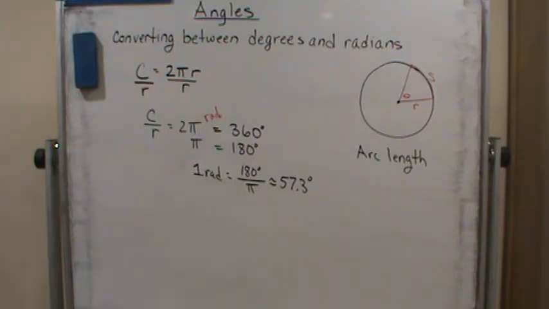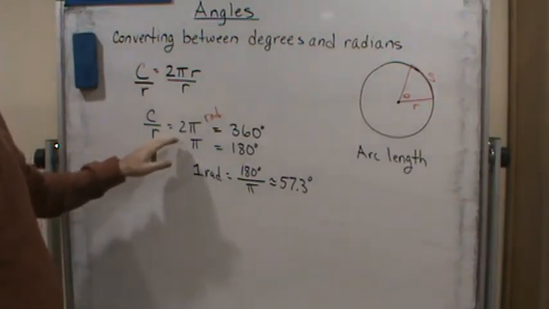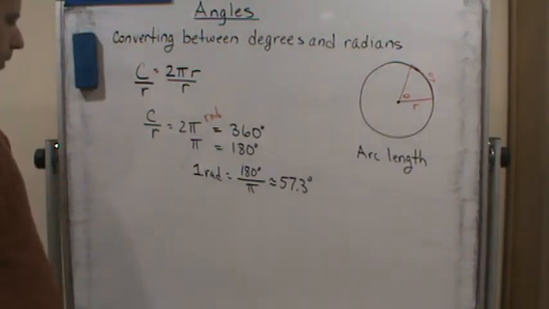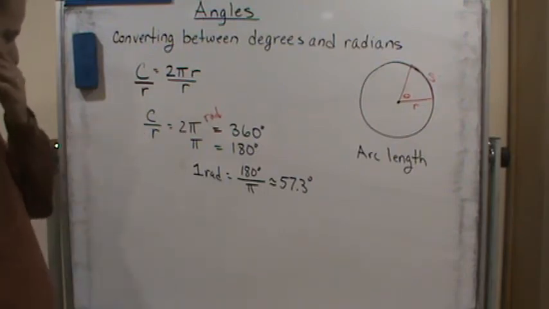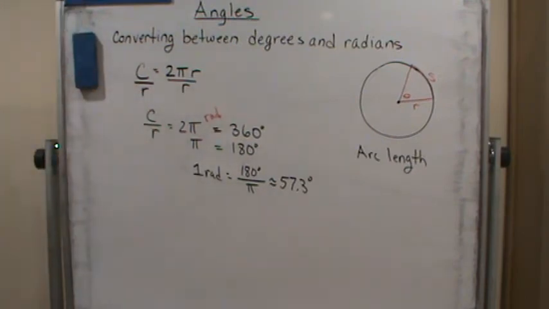Well, just like the circumference is constant in terms of radians, with respect to a ratio, so this ratio is the radian measure with respect to the circumference, there's also a similar relationship with regard to the arc length.